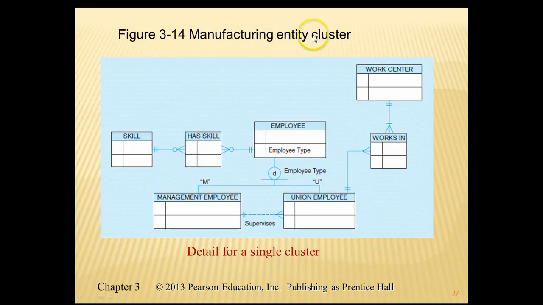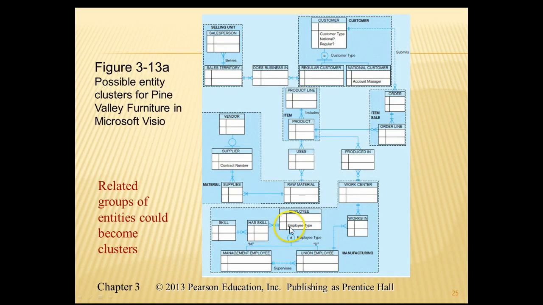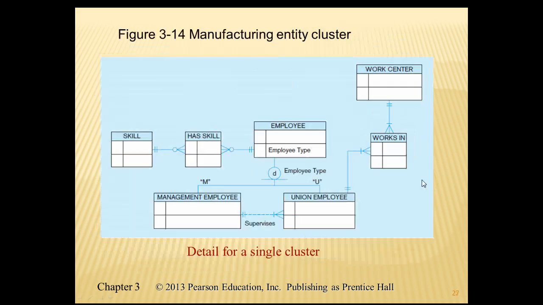So this is the manufacturing entity cluster that comes from the smaller EER diagram. And this is the manufacturing entity cluster that comes from the entire diagram, and that's effectively what we have right down here.